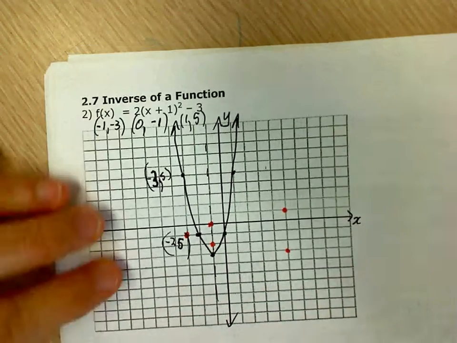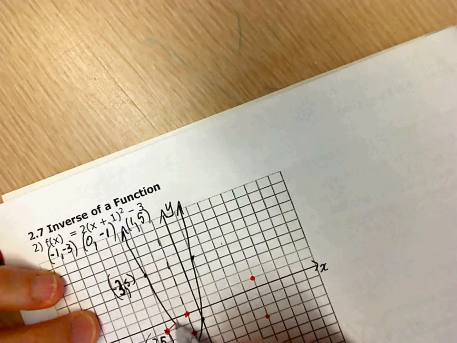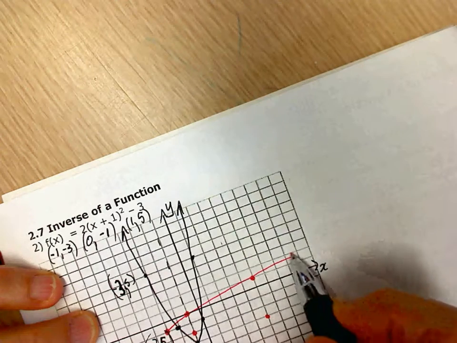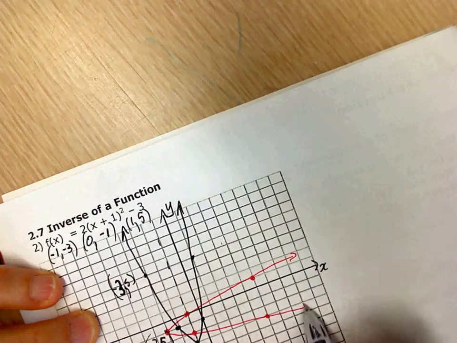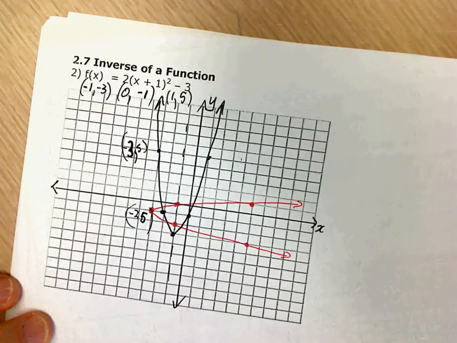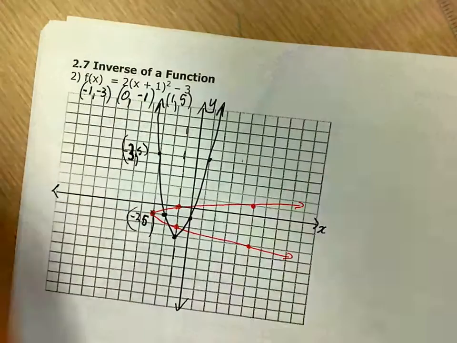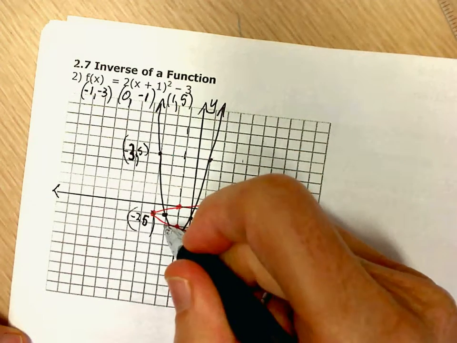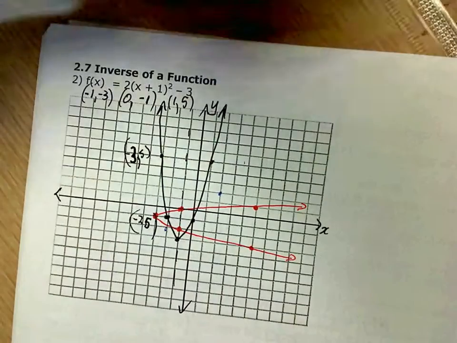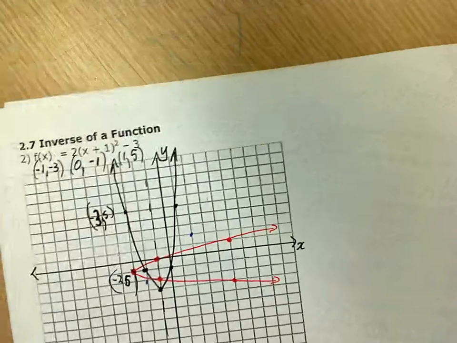So here is our reflection, and that's the reflection over the y equals x line, which runs through those points there, and I'll just draw that in. They ask us to draw it in, so let's draw it in.